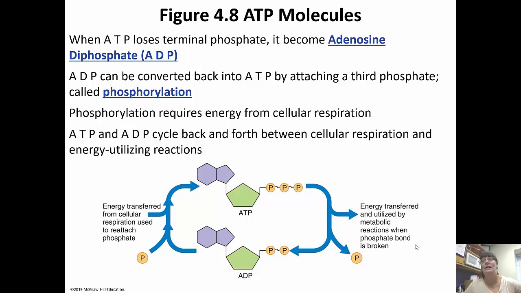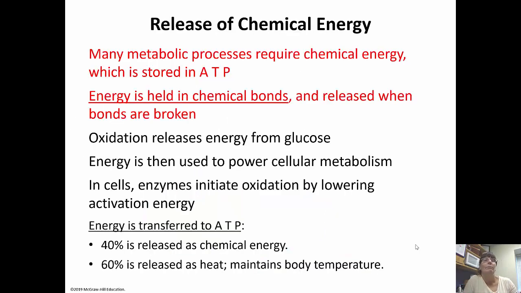So we're going to have this constant transfer of energy between reactions that create energy and then reactions that require energy.